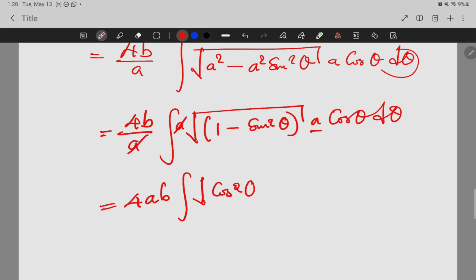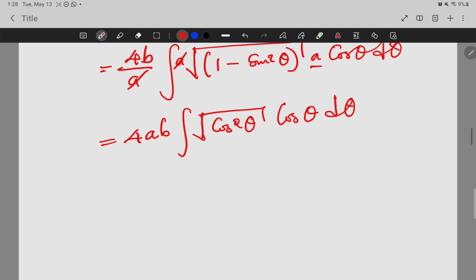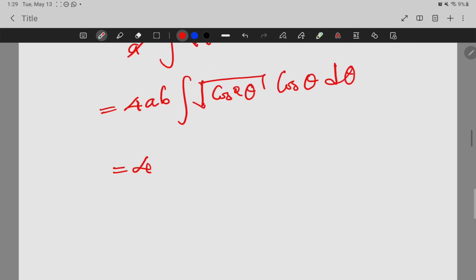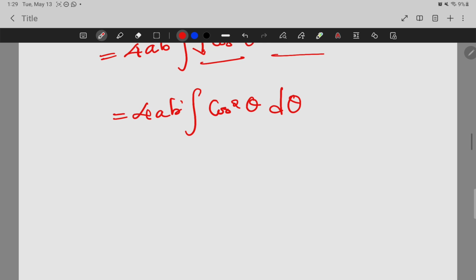So we have cos squared theta. And then we have this cos squared here, and this cos theta. When you square root cos squared, you get cos. So the cos from here and the cos from here gives us cos squared d theta. So this is the integral that we have to now evaluate.